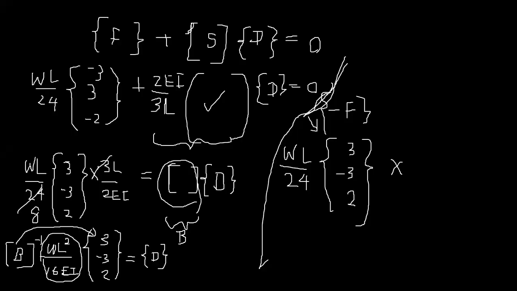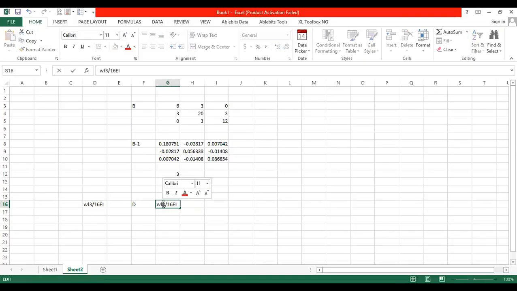So here, W, this is the constant, right? WL squared over 16 EI. So we just need to multiply this by this to get the complete D matrix. Sorry, it's squared. So that is also a 3 by 1 matrix.